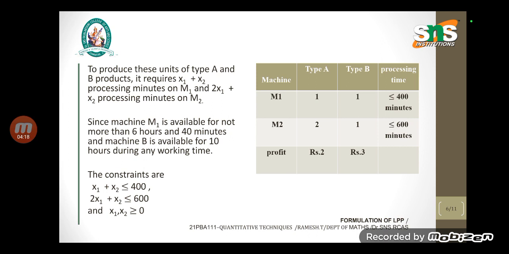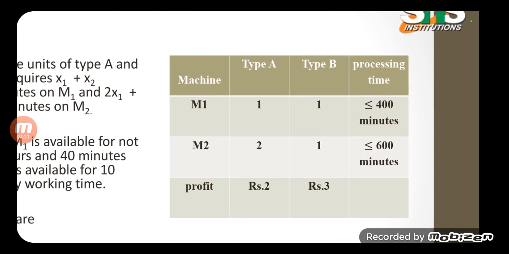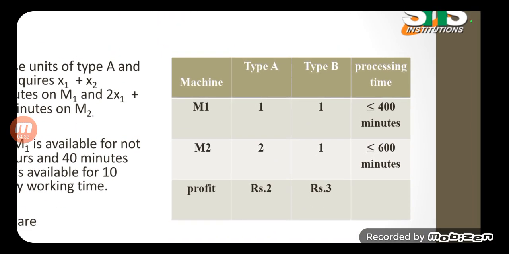So see this table here. Write first type A and type B. The profit for type A is rupees 2 and the profit for type B is rupees 3. Using this table, we have the profit for A and B. Then machine 1 and machine 2. Machine 1 has a processing time of 400 minutes, that means not exceeding 400 minutes.